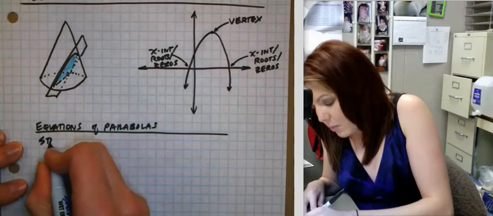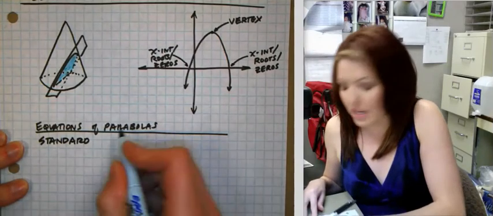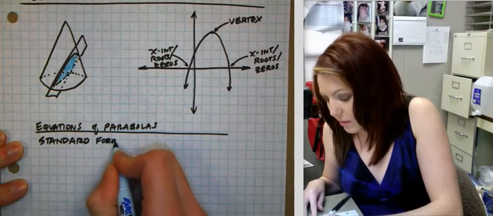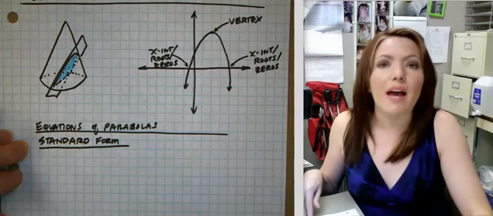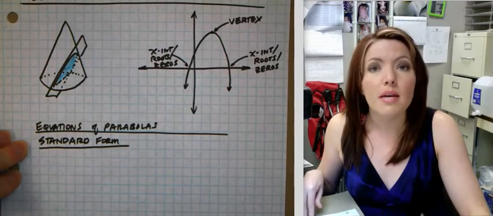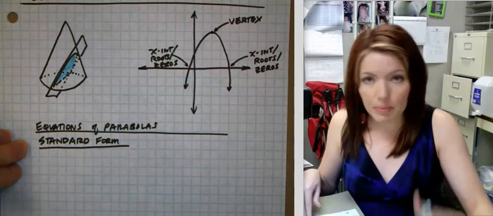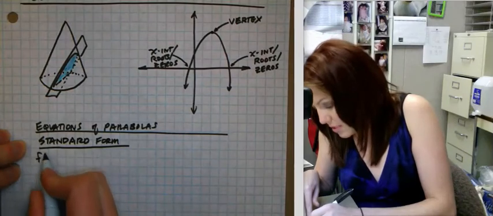I'm going to stay with what we have been using in our conic section unit, which is standard form for the one where we have h and k. So we have looked at with ellipses and hyperbolas and circles that the center is at h, k. To keep consistent with that, we're going to call this one standard form.